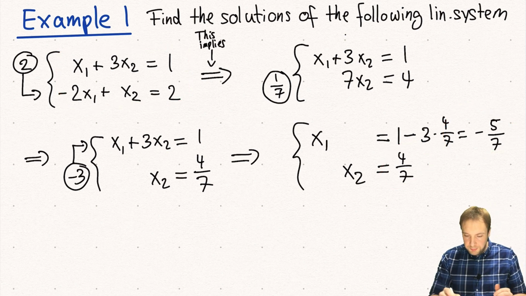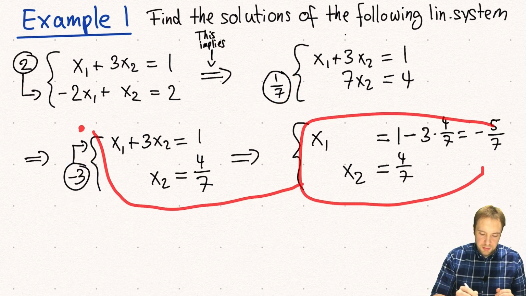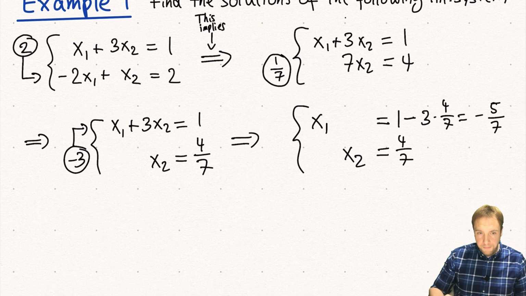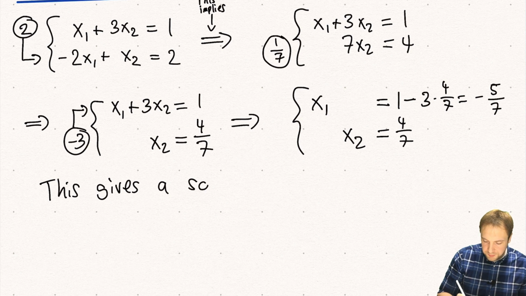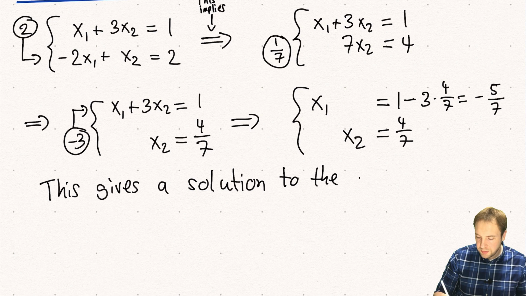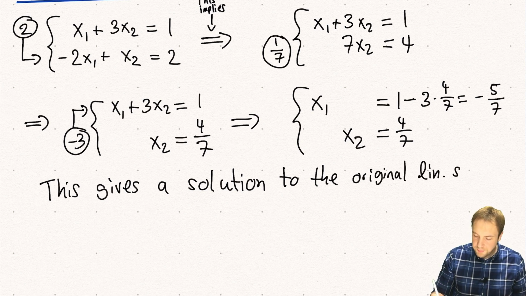And the answer is yes, because all these steps we did can also be reversed. So we can also go from there back to there. So this gives a solution to the original linear system.